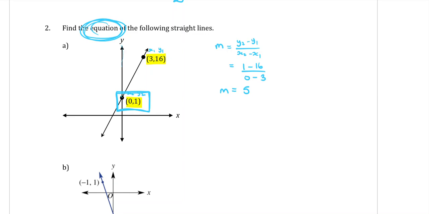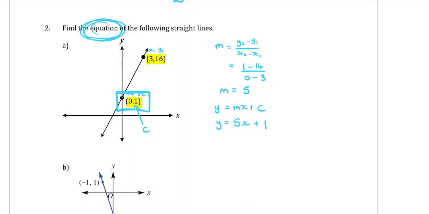If you are given that point, that 1 in that point is the value of c in the y equals mx plus c equation of a straight line. And so all I would need to do is sub in that m is equal to 5, so y equals 5x plus 1, because that was my y-intercept.